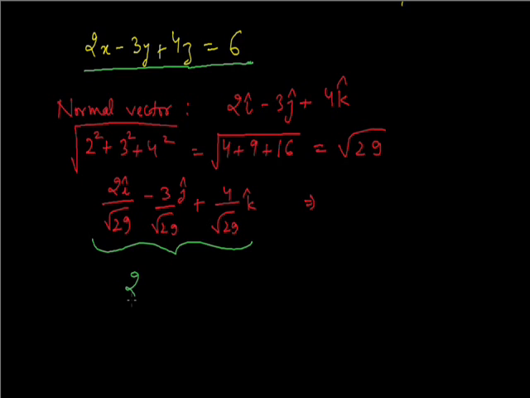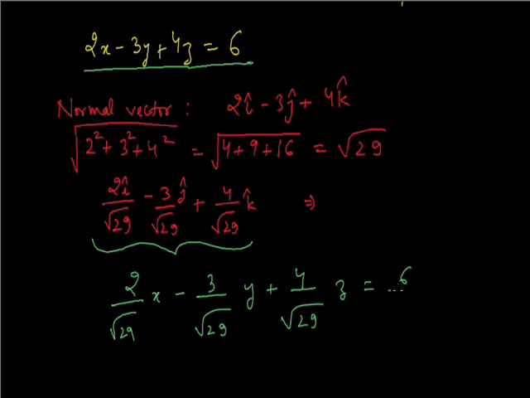So it will become 2 by root 29 x minus 3 by root 29 y plus 4 by root 29 z equals 6 by root 29. Now this equation is in the standard form, where the coefficients of x, y and z are direction cosines and the distance is positive. So the distance of the plane from the origin is going to be 6 by root 29.